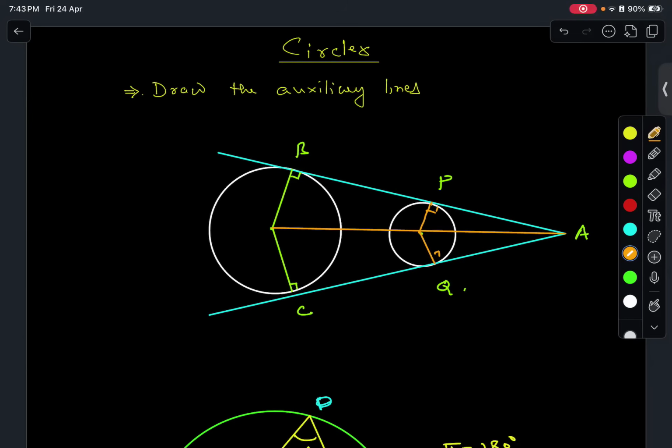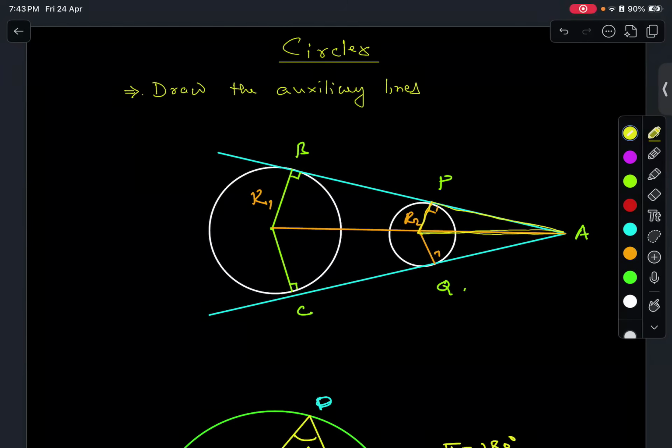Both are 90 degrees. If the radius of this one is capital R1 and the radius of the smaller one is R2, a very beautiful triangle is coming, this one. Can you see this?